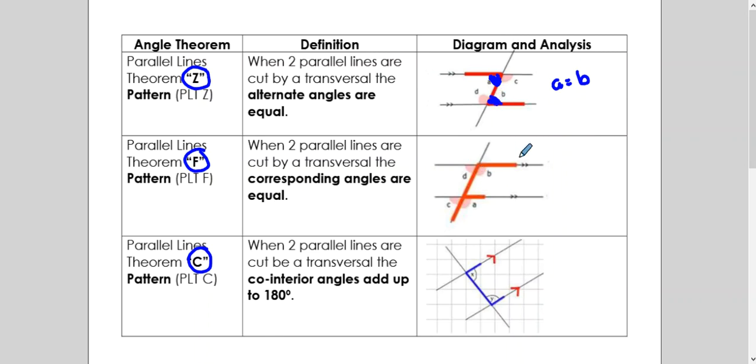For the F, the armpits of the F are equal as well. And the C pattern's a little bit different. These add up to 180. So think of it almost like a straight line a little bit. So we're going to use these properties to help us solve problems.